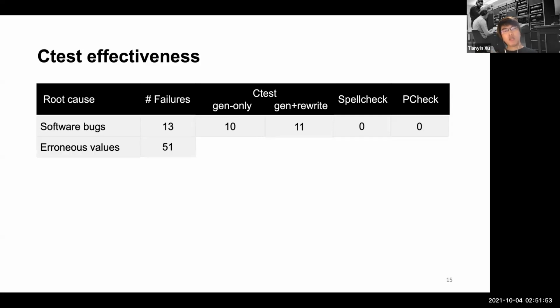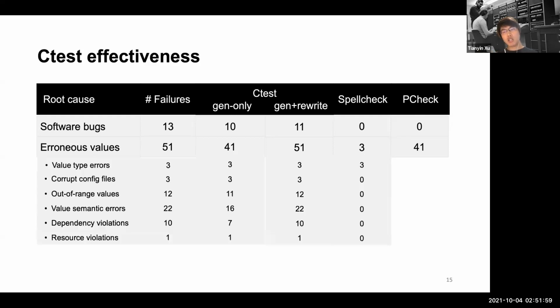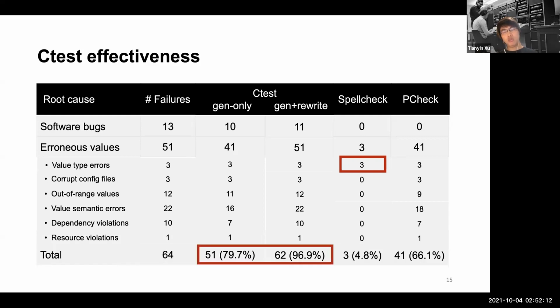And even for the erroneous values, we find that we outperform those tools, especially SpellCheck. If we only do type checking, it's very limited because many of the bad configs which cause production issues are not simple type errors. And overall, we find that CTest outperforms existing misconfiguration detection techniques.